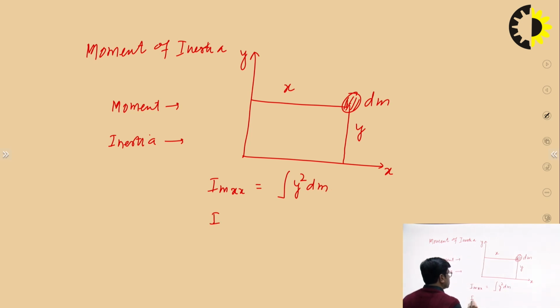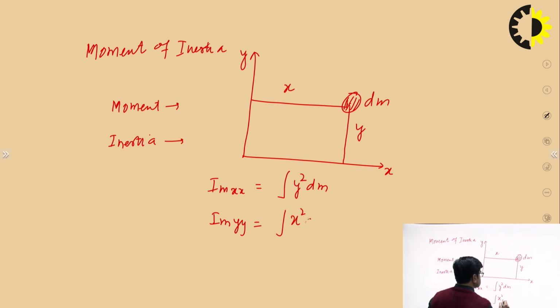And if I consider the y axis, it is Imy and this is integration x square dm. This is the mathematical representation of moment of inertia. Further, I will discuss the moment of inertia of certain standard bodies like rod, plate, cone, sphere, cylinder, about the different axes about which this body is to be rotated.